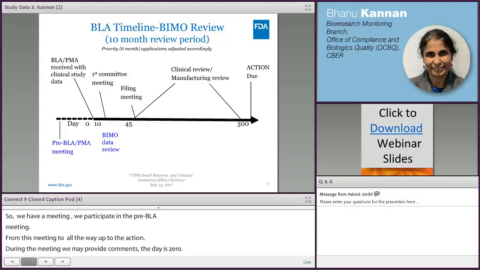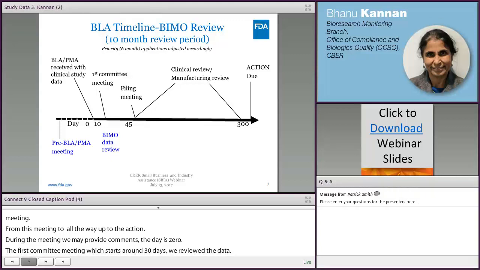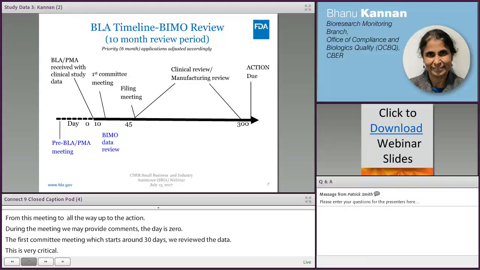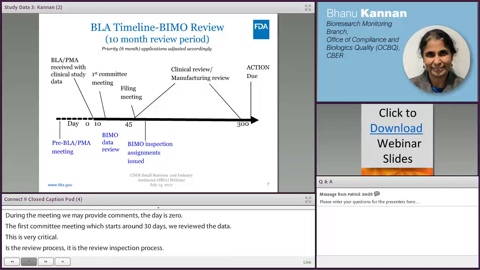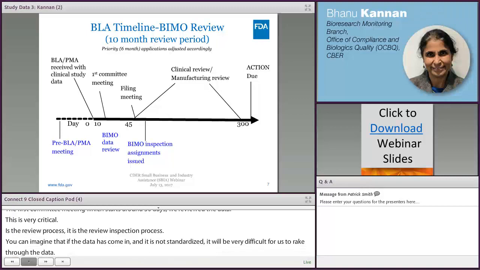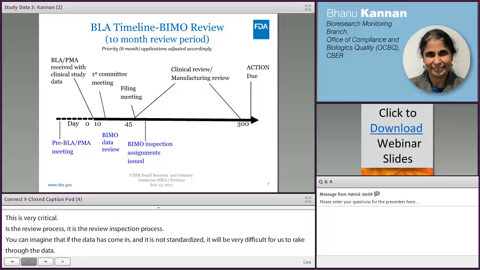So for our review and inspection process, we have to review data within the first 30 days. So you can imagine if the data comes in that is not standardized, it will be very difficult for us to go through all the data and go to the next step. So after we review the data, and then we have the filing meeting, and roughly within the first 60 days, we issue the inspection assignments.